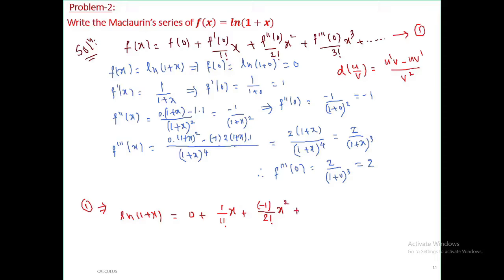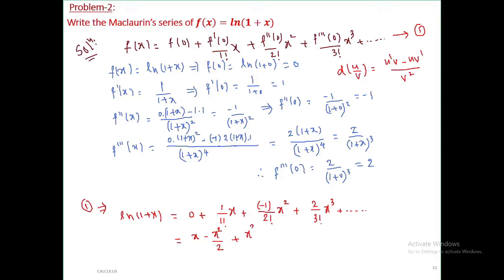Plus the third derivative is plus 2, so 2/3! times x cubed, plus up to so on. If you want to find one more term, then simplify later. So this is x/1 minus x squared/2, since 2 factorial means 2. Now 3 factorial means 6, so 2/6 means 1/3. So plus x cubed/3.